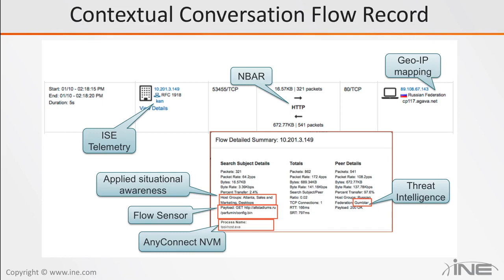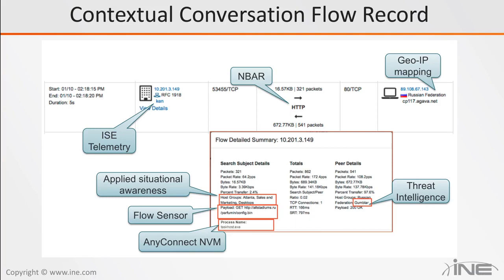This is exactly the same flow, and in it our ICE device is able to tell us that this particular IP 10.201.3.149 belongs to Ken, the user. The Stealthwatch system polls ICE using something called pxGrid, an interface to connect the two devices. It polls ICE using pxGrid and gets the information that this IP 10.201.3.149 belongs to Ken.